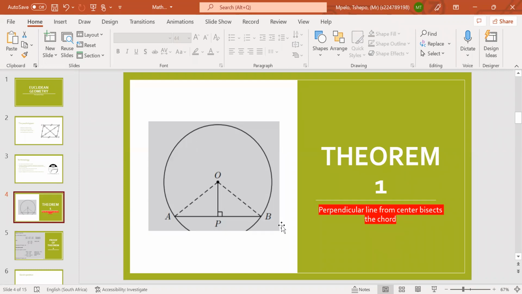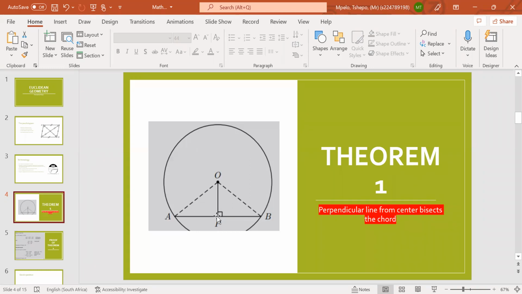Agreed. Now that we agree the two triangles are congruent, therefore we can conclude that AP is equal to BP, which takes us back to the reason for our theorem, where the perpendicular line from the center bisects the chord.